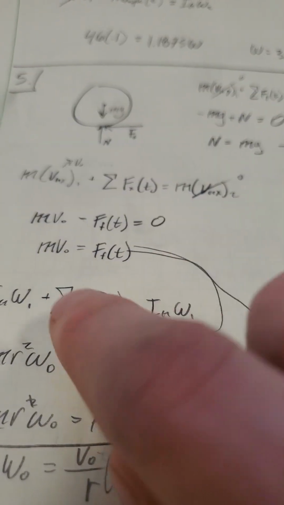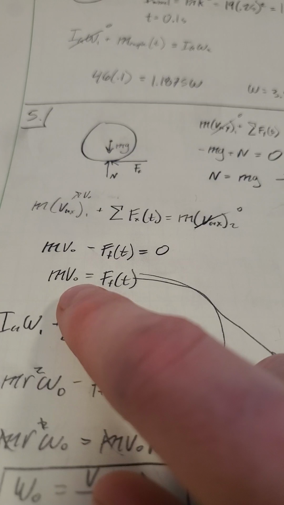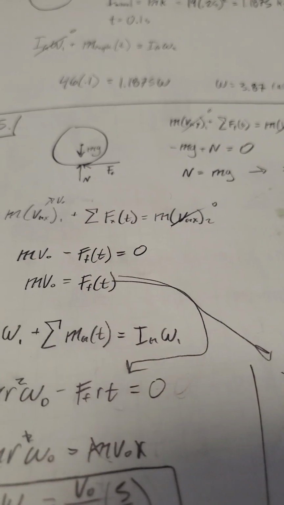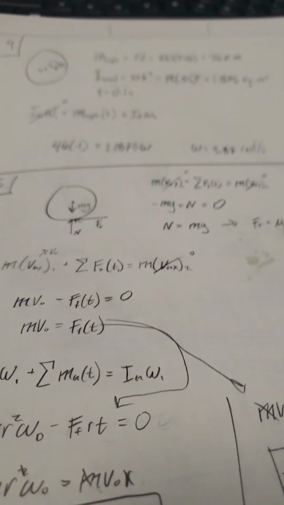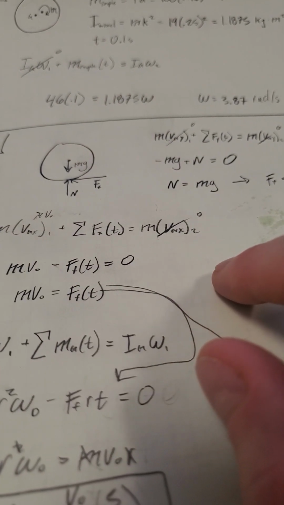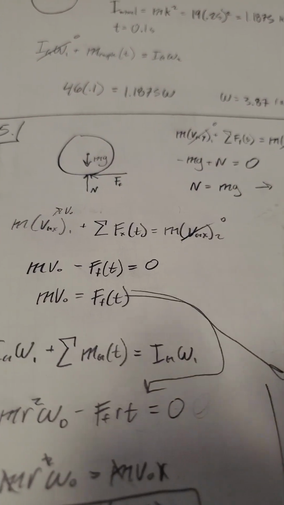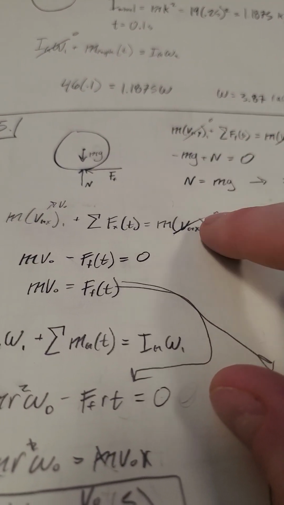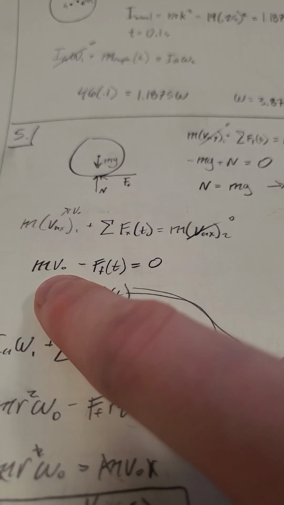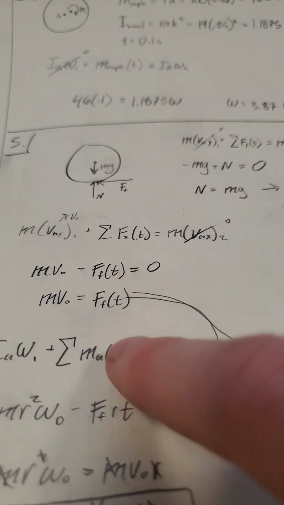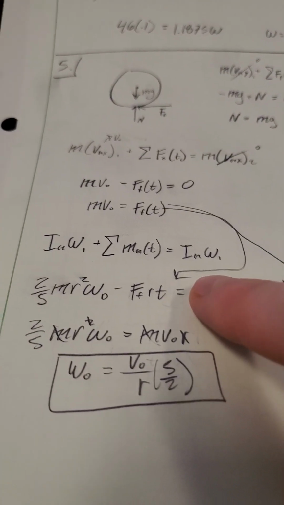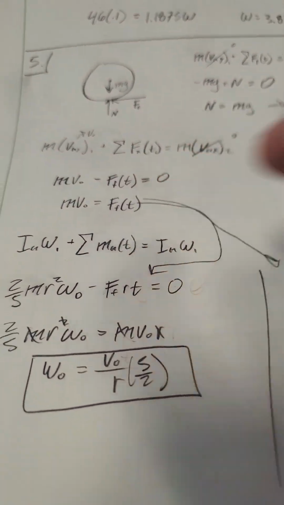We know the mass times velocity in the x direction, which is v naught, and we know that the force from the friction is moving in the opposite direction, so it's actually taking momentum out of the system, and we're just going to find when it stops moving. So we know that the final momentum is going to be 0. So ultimately the initial momentum has to equal the momentum taken out by the friction force. And this gives us an equation right there.